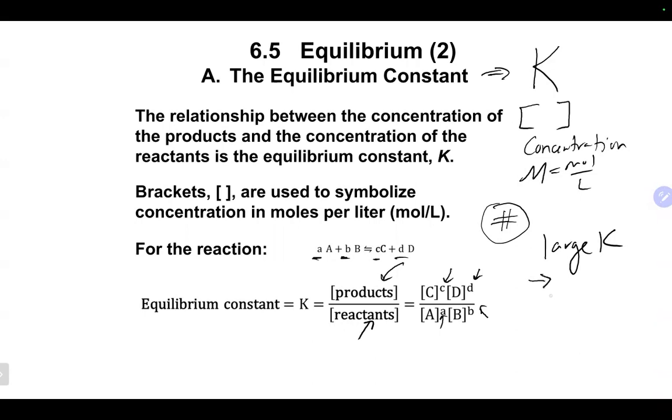What do you think? If I have a large value of K, and this is how you calculate K, how would I get a large value? Would the products need to be a large number or a small number? It would have to be a large number, right? Big number on top, small number on the bottom gives me a big number. So if you see a large value for K, what it tells you is when this reaches equilibrium, you will mainly have products present.